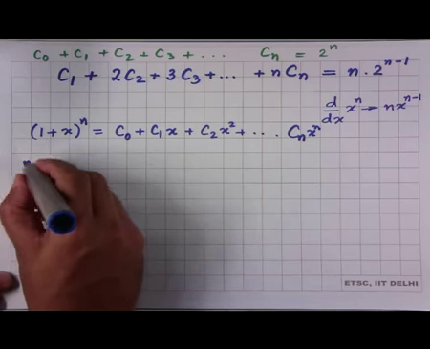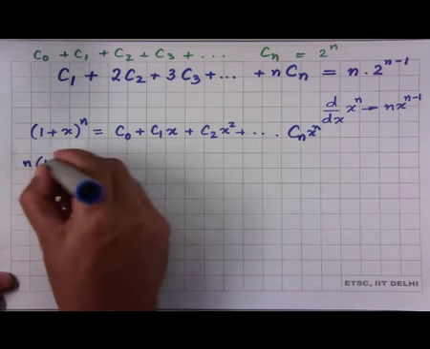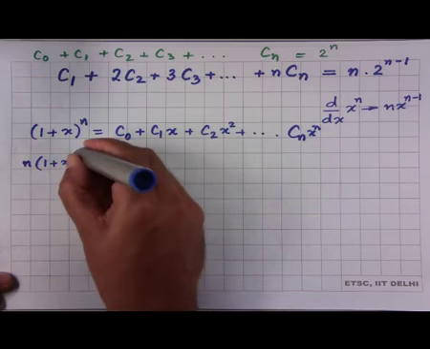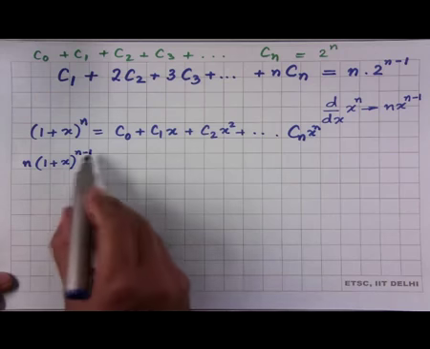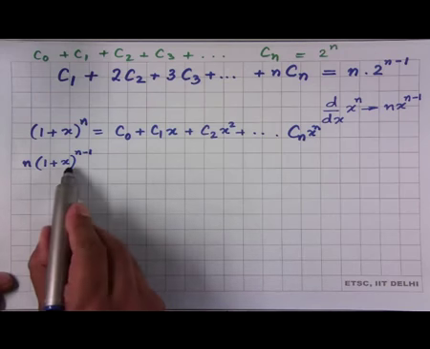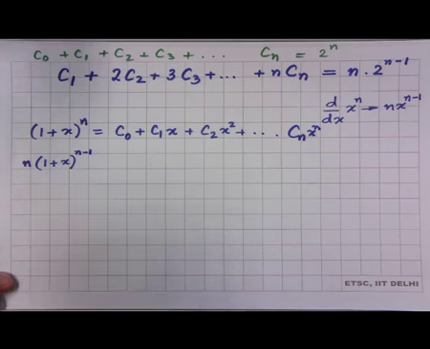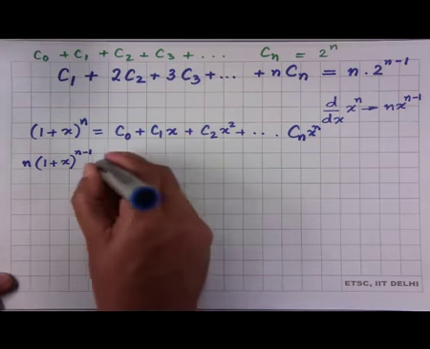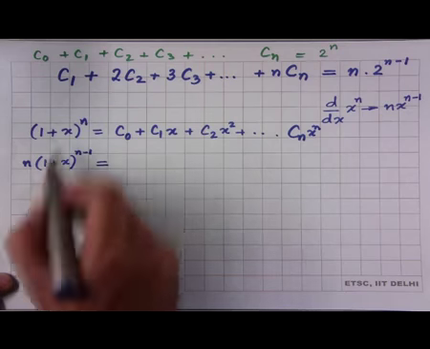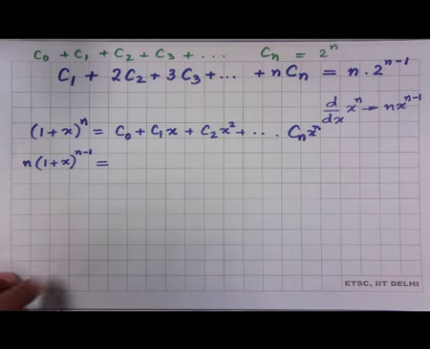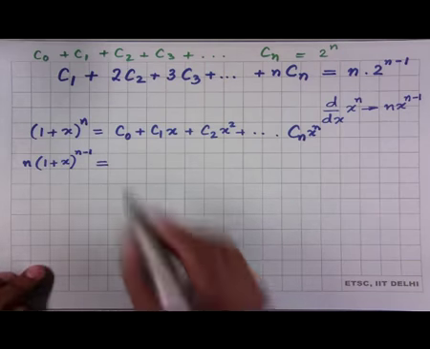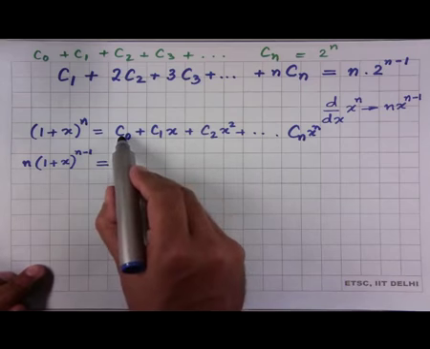I get n times (1 plus x) whole power n minus 1 times the derivative of what is inside, which is nothing but 0 plus 1, so that is just a 1. So, I differentiated the left hand side. Now, if I differentiate the right hand side, differentiate C0, you get nothing.